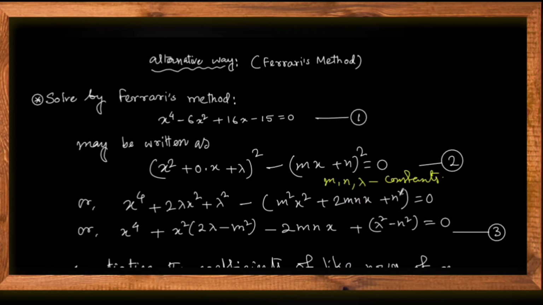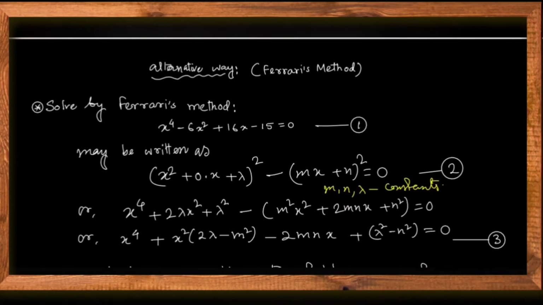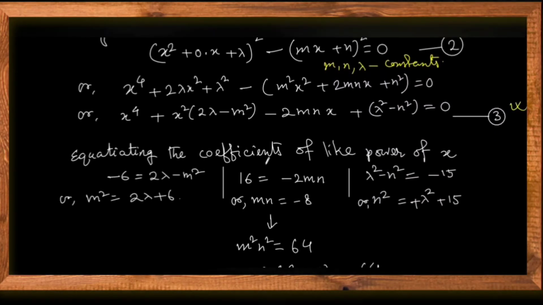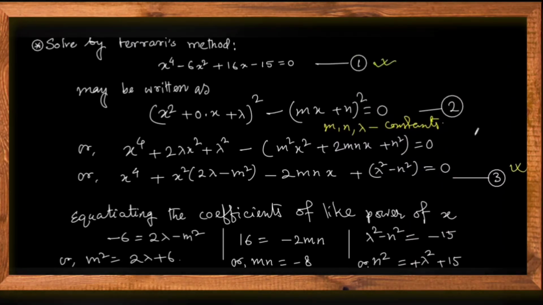We can write this as equation 3. Now equating the coefficients of like powers of x of equations 1 and 3, we will get minus 6 equals 2 lambda minus m square, 16 equals minus 2mn, and minus 15 equals lambda square minus n square.